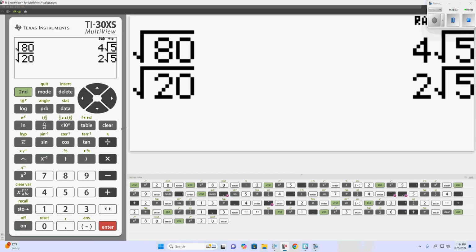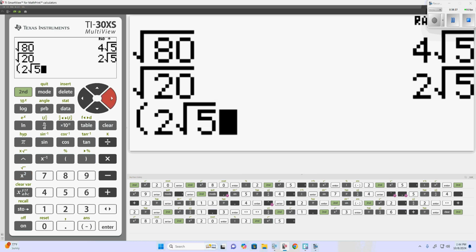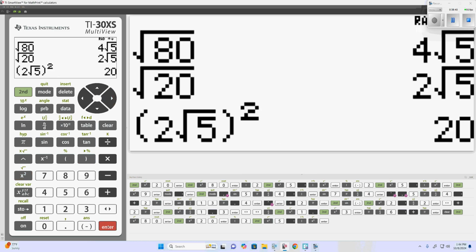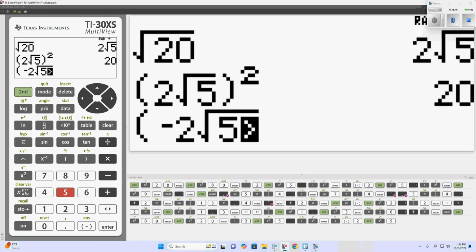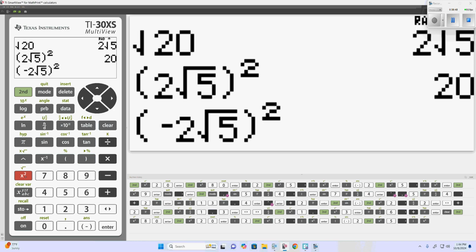Or what number squared? Well, 2 square root of 5 squared is 20. Negative 2 square root of 5, because again, I said we had to put this plus or minus, the positive and negative case, yes? What do you think negative 2 square root of 5 squared is going to be?